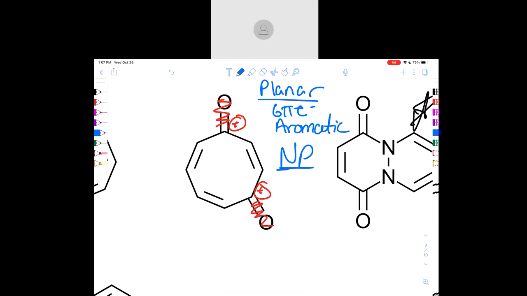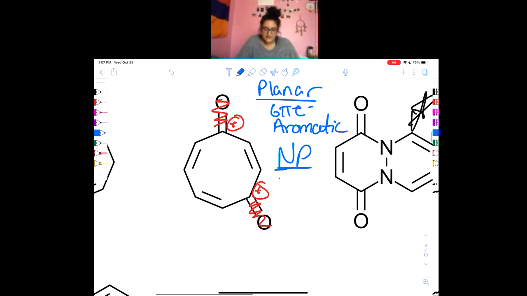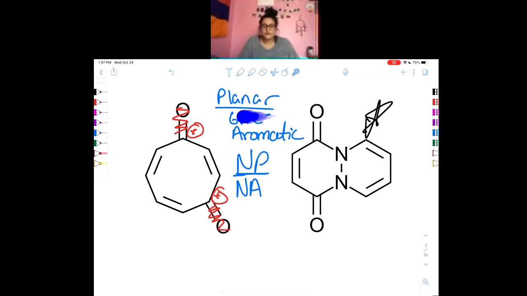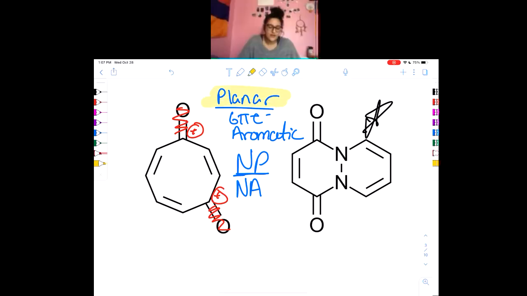And then if it's not planar, it would automatically be what? Non-aromatic, exactly. So between these two options, which is more favorable? Planar, exactly. So this molecule will stay planar, and it will be aromatic because that will be more favorable.